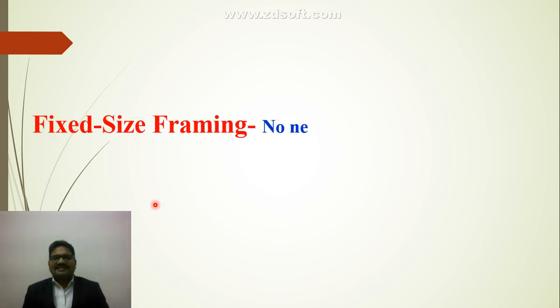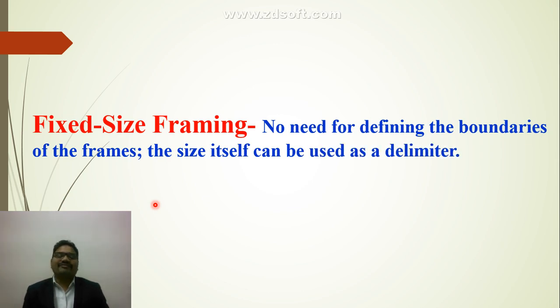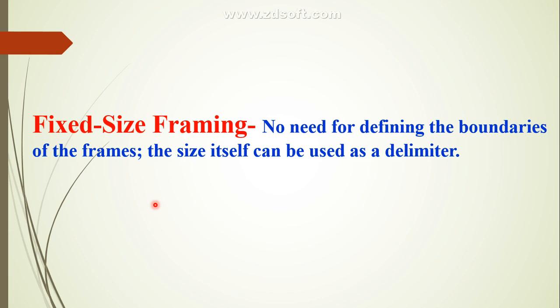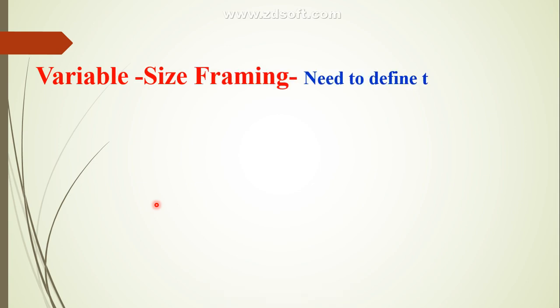Fixed size framing means that in fixed size framing there is no need for defining the boundaries of the frames, because the size itself can be used as a delimiter. Next is variable size framing.